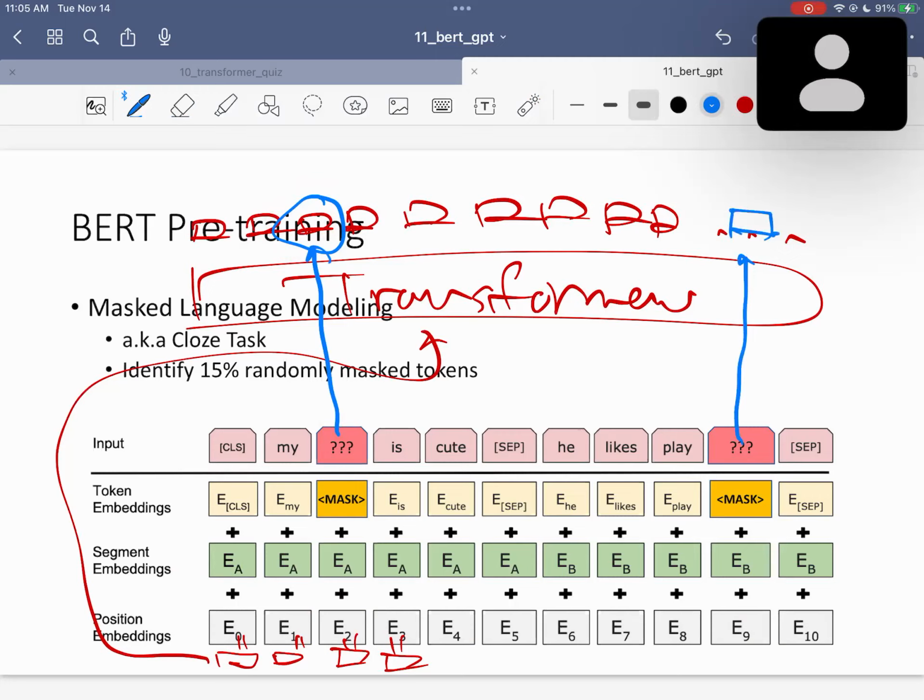You take this one, do a softmax, and make it reconstruct the masked token. So this used to be 'a dog', right? My dog. So you want this token to be the dog token, and you want this token to be the playing token. Basically, it's just negative log likelihood loss. It's just a reconstruction.